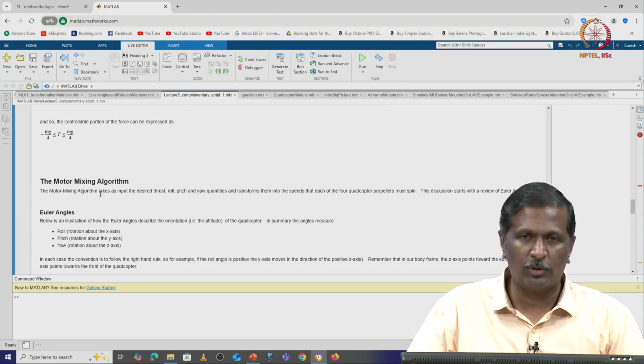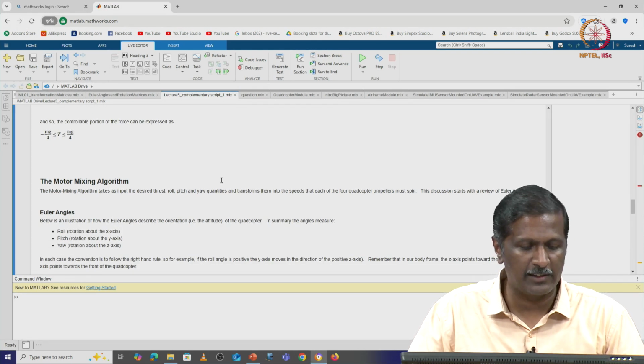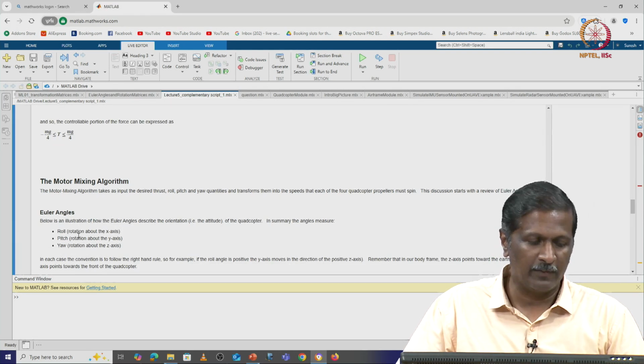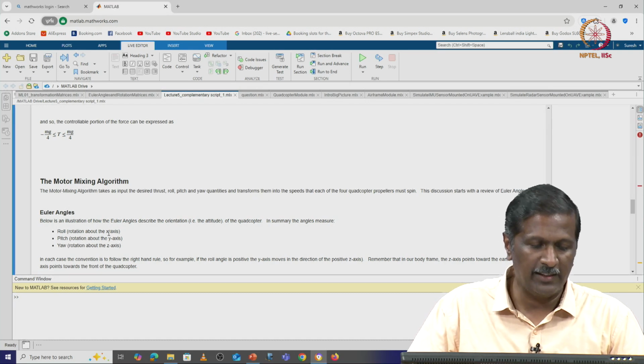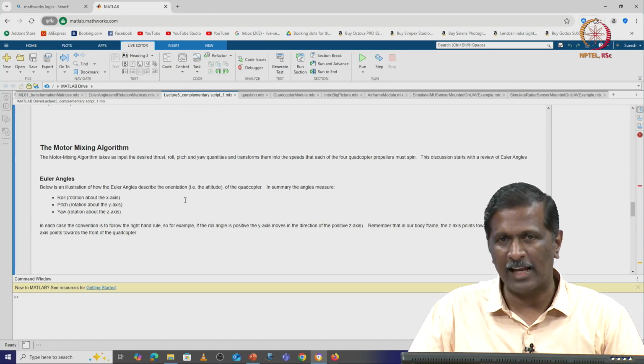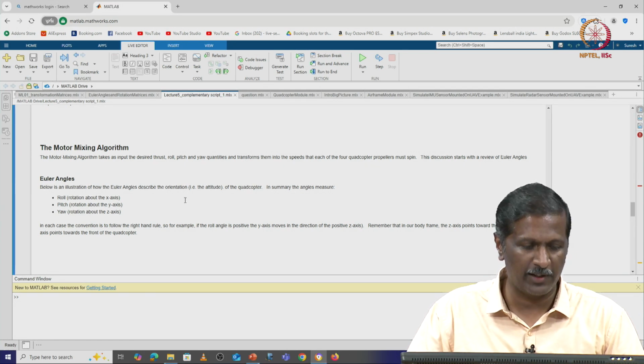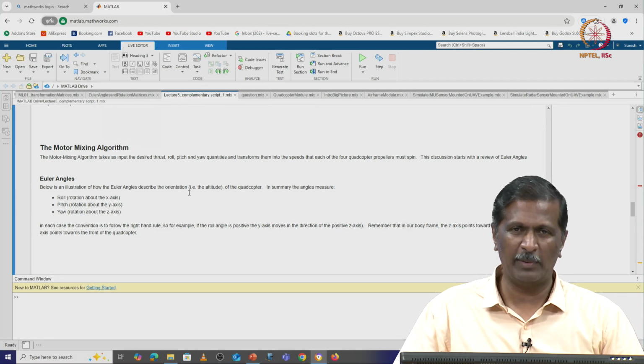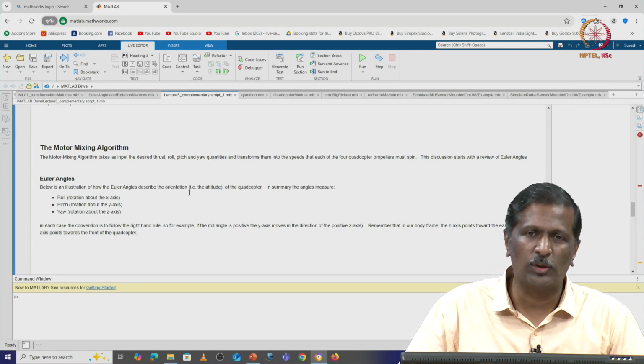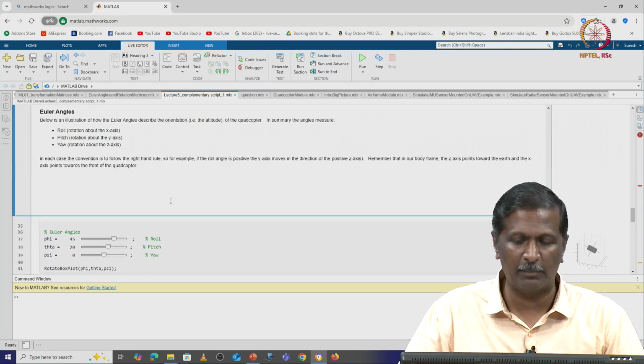How do we do the motor mix? That is the control allocation matrix I talked about. We need to look at the rotation about x, y, z and pitch. In our calculation I assumed that there is no positional variation in all 4 motors, that they are perfectly symmetrical, but you may not be. So, you may have certain angles, and you have to use those angles to compute your mixing matrix.